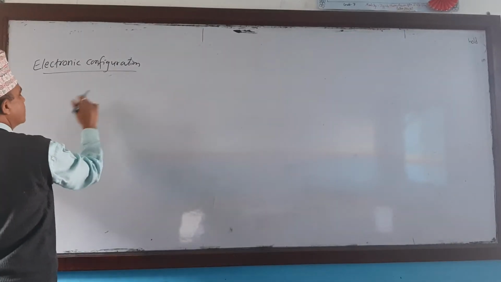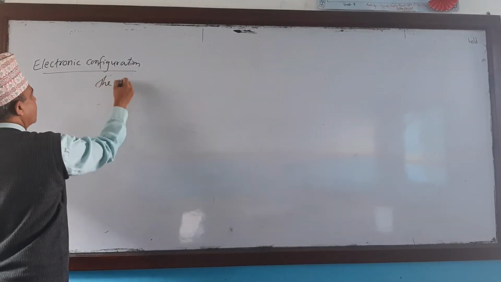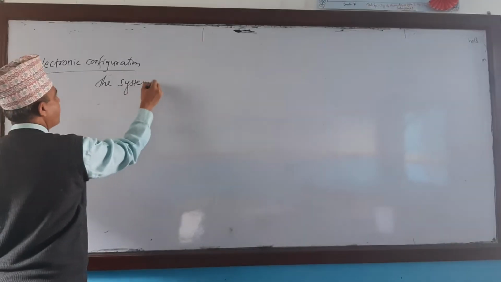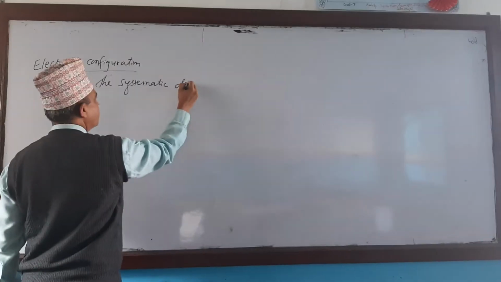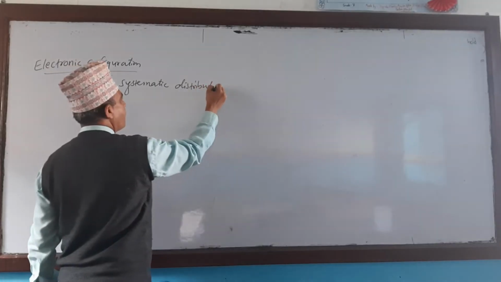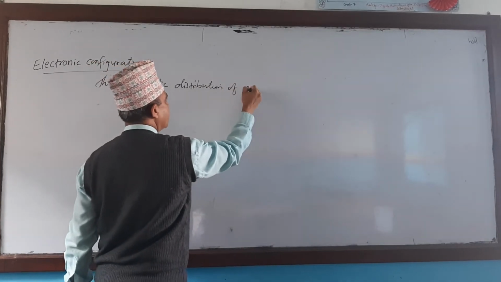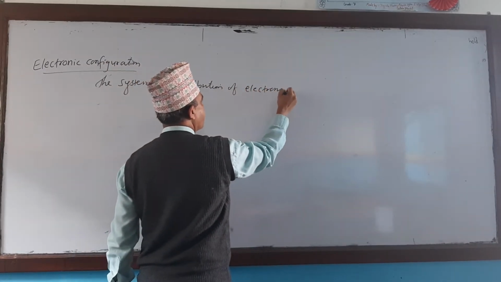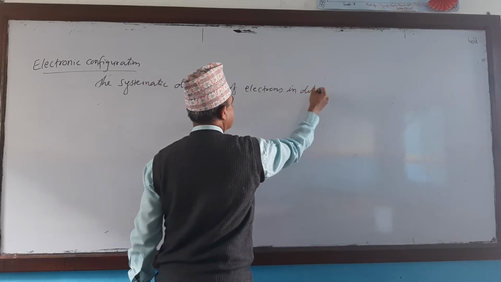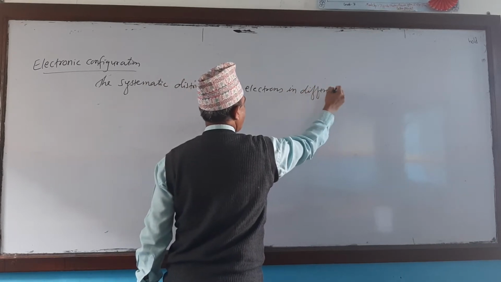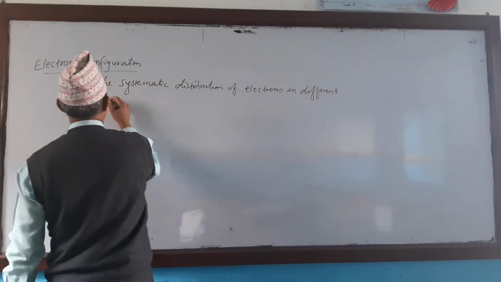Electronic configuration is defined as the systematic distribution of electrons in different energy levels.